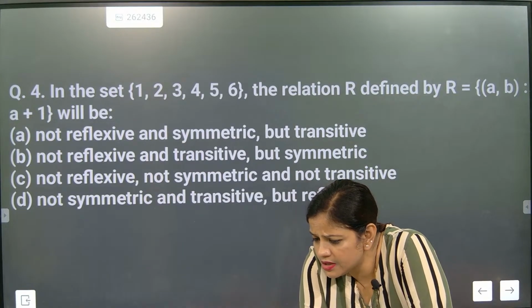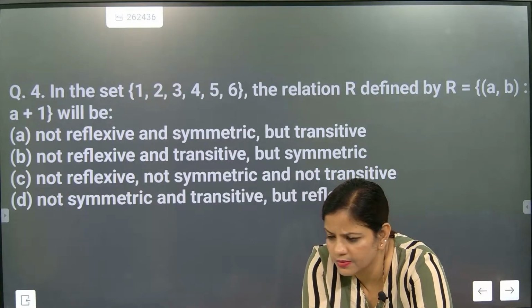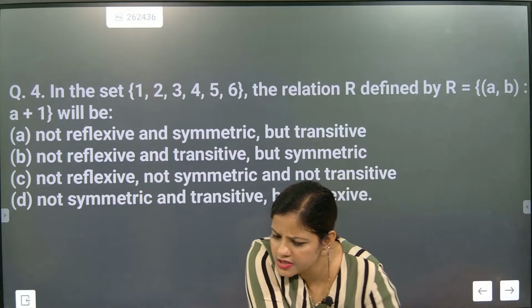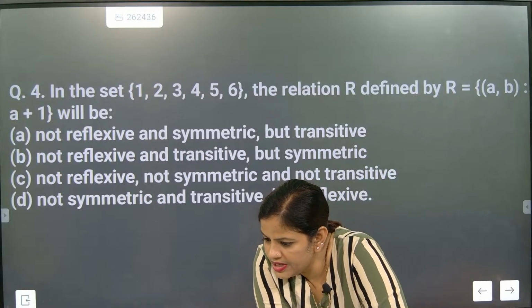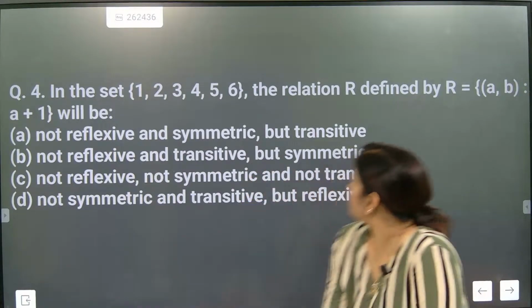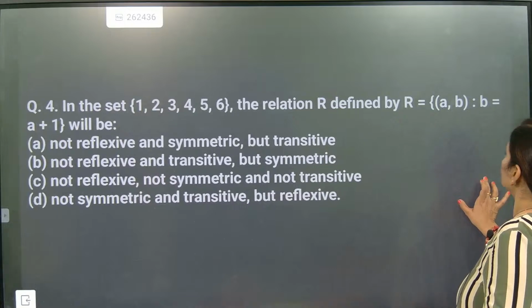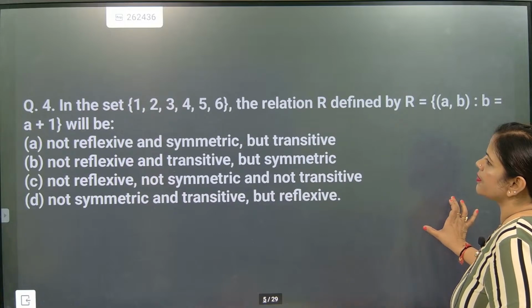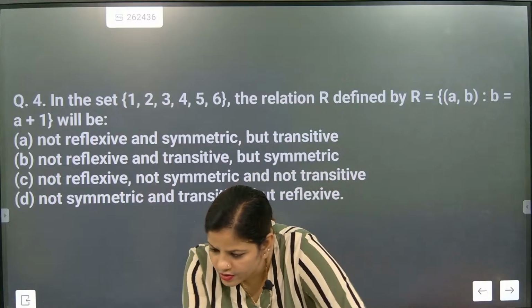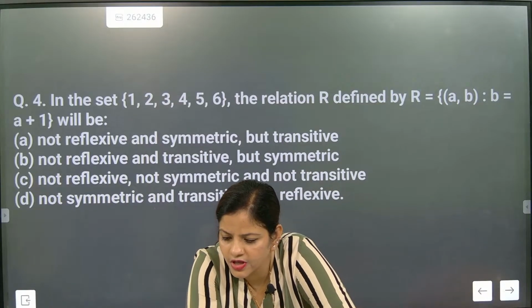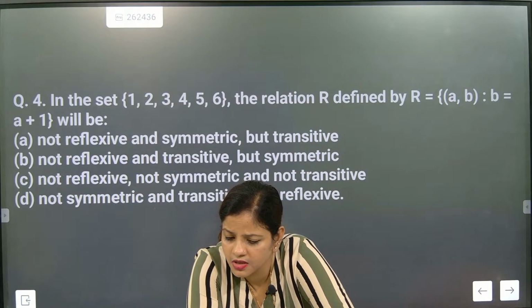A comma B, A plus 1 is given. Come on, go for it. In the set of this, B is equal to A plus 1. I think this part is cut. Yeah, now you check: B is equal to A plus 1. Correct. And your time starts now. Start solving the question. B is equal to A plus 1.